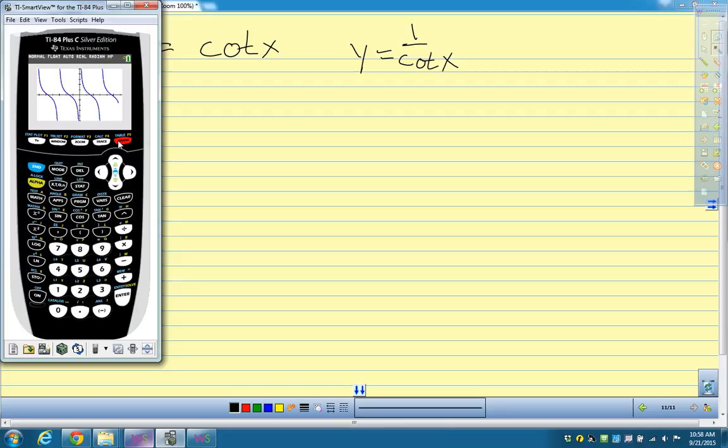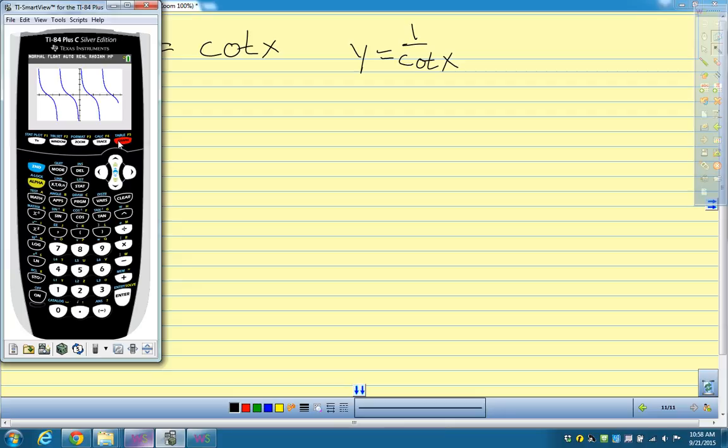Because there's an asymptote at 0, and then it has another asymptote at pi. Still has the same period, right? And everything shifts over, and it's flipped. It's moved over pi over 2, and it's flipped because you're dealing with x, y switched. Does that make sense? Okay? And I can show you on the unit circle where that comes from, but you can look at that.